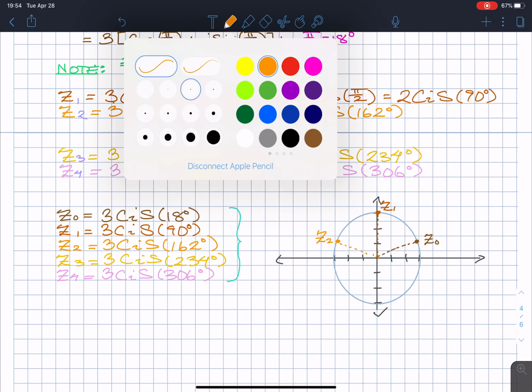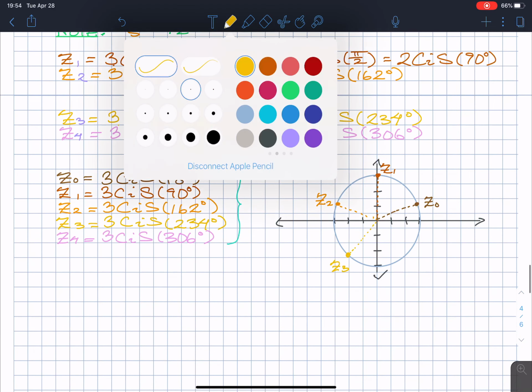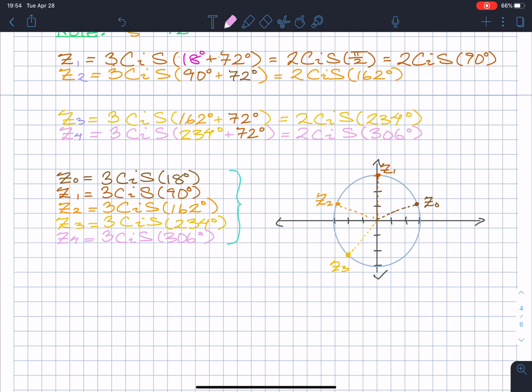The fourth was at 234 degrees, z sub 3. And the fifth at 306 degrees, z sub 4. So notice the 5 fifth roots are spread in a perfect pentagon. Okay, so I'm still not done with this section, but I will see you in the next part of 8.3.